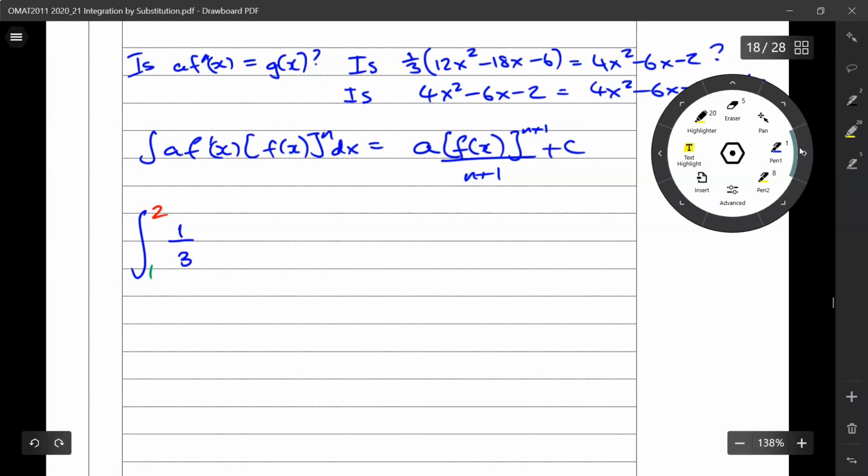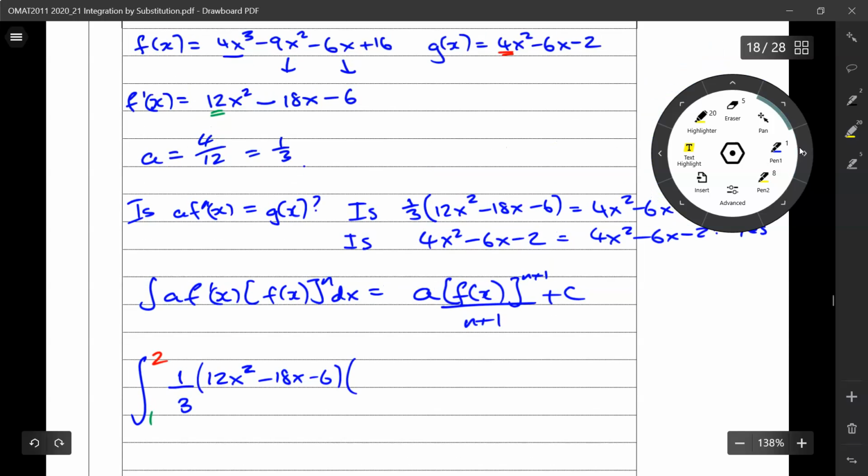And that is f prime of x, which is 12x squared minus 18x minus 6, and then our larger function f of x is equal to 4x cubed minus 9x squared minus 6x plus 16, times dx.